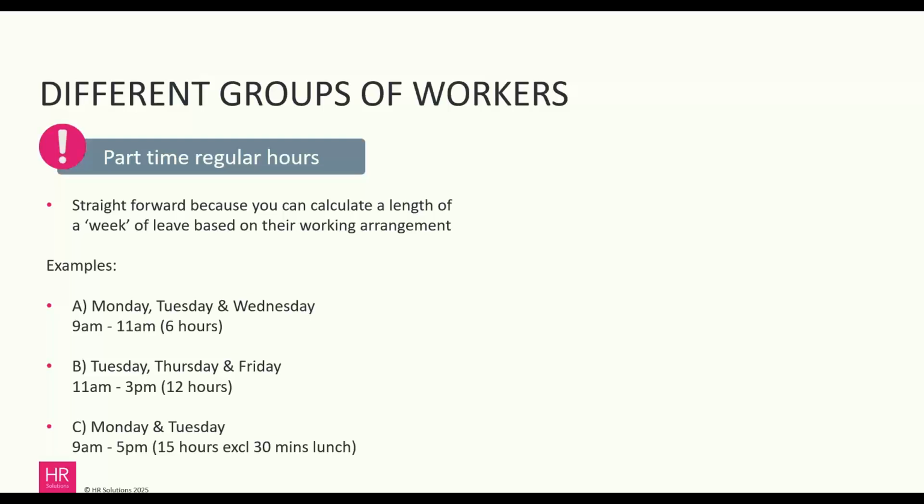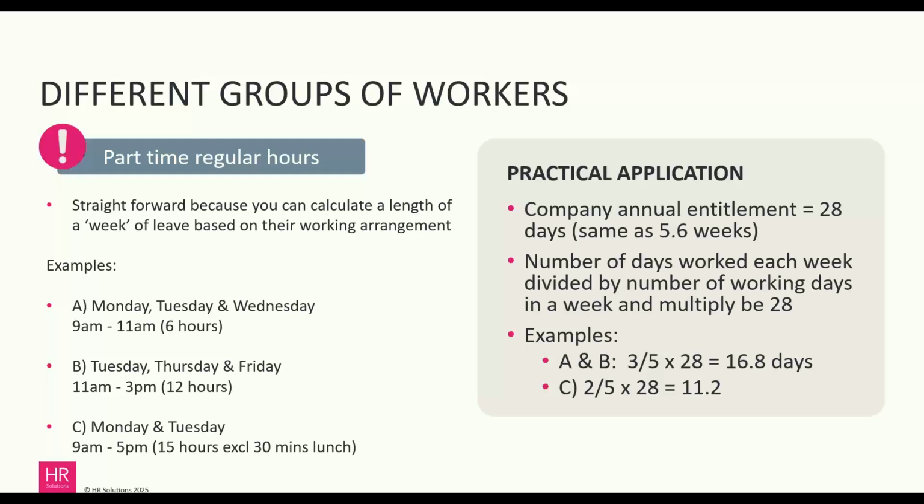So in terms of the practical application of it, assuming the company's entitlement is that they follow the statutory minimum of 5.6 weeks or 28 days, to calculate what the worker is entitled to each year based on their working hours, you'd use the following formula, which is the number of days worked each week, so the 3 or the 2, divided by the number of working days in a week, 5, and then multiplied by 28.